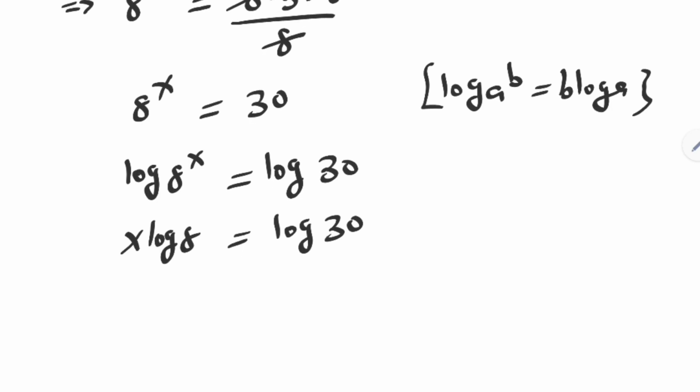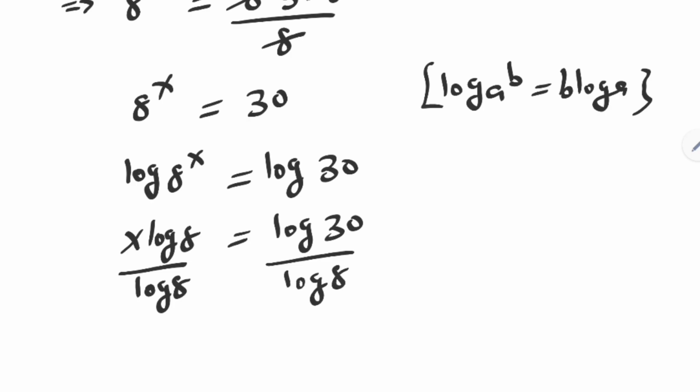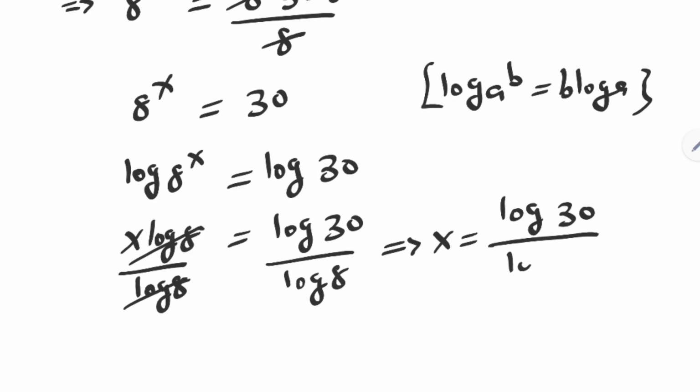Let's divide both sides by log 8. This divided by log 8, this divided by log 8. This log 8 cancels this log 8. x is equal to log 30 over log 8.